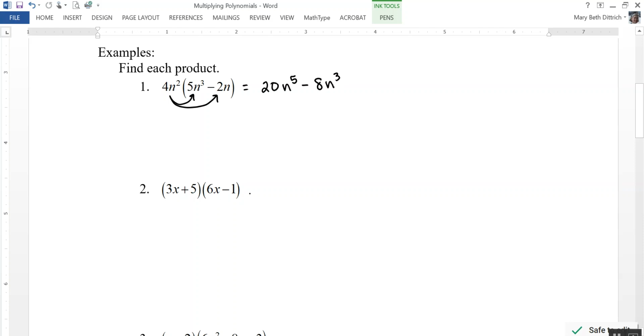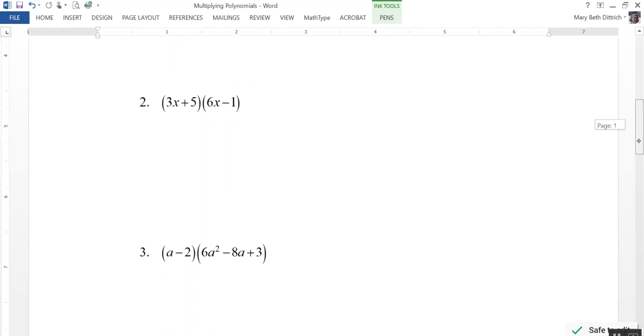Now when we have two binomials, it's a little bit more complicated, but the same idea applies. I'm going to take this first term, the 3x, and multiply it by each term in the second polynomial. So let's go ahead and do that. So 3x times 6x is going to give me an 18x squared, because 3 times 6 is 18, x times x is x squared.